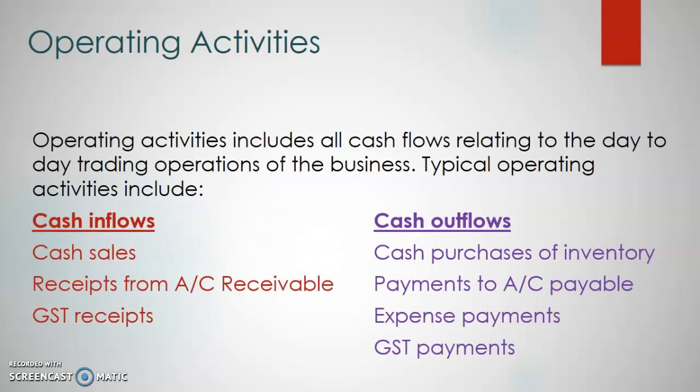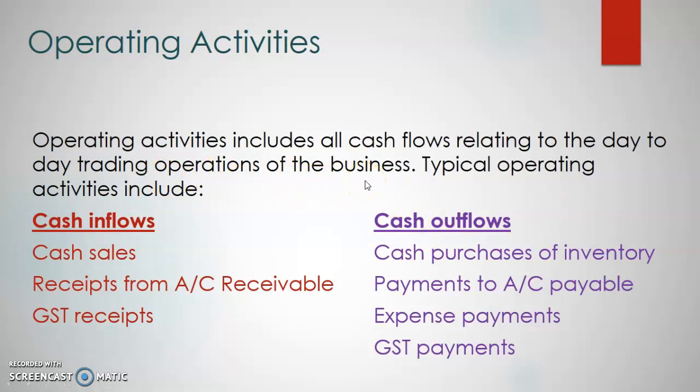Now, what are operating activities? Operating activities include all cash flows. Remember, it's cash flows, whatever transaction we are doing that involves cash flow, when we are receiving money or we are paying money, relating to the day-to-day trading operations of the business.